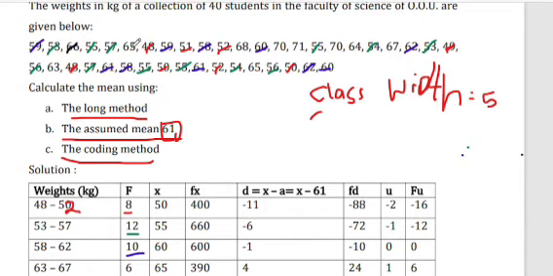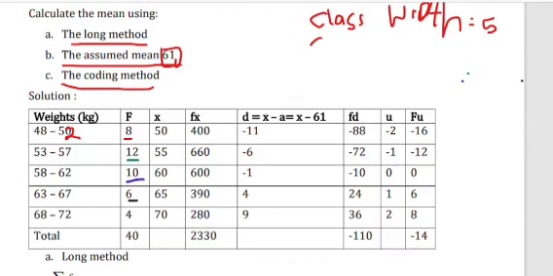I take this one. 65 is there. 68 is not there. 70 is not there. 64 is there. 67 is there. 63 is there, 65 is there. Okay, I think that's all we have. Let's count. 1, 2, 3, 4, 5, 6. That's why we have 6 here.